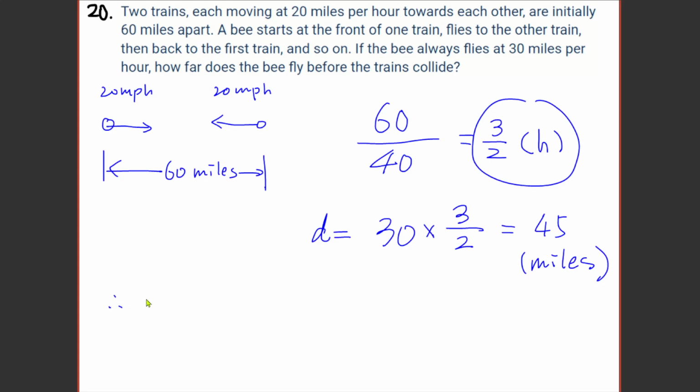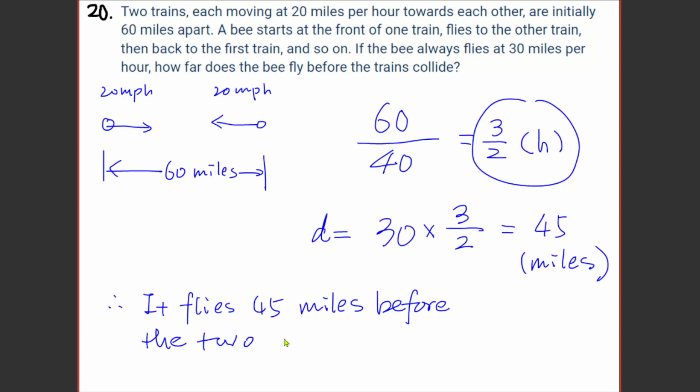Therefore, you can make the conclusion: it flies 45 miles before the two trains collide. Any questions?